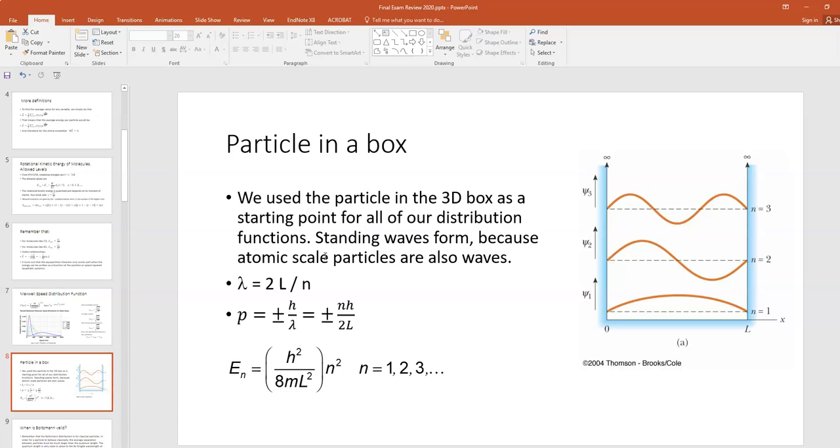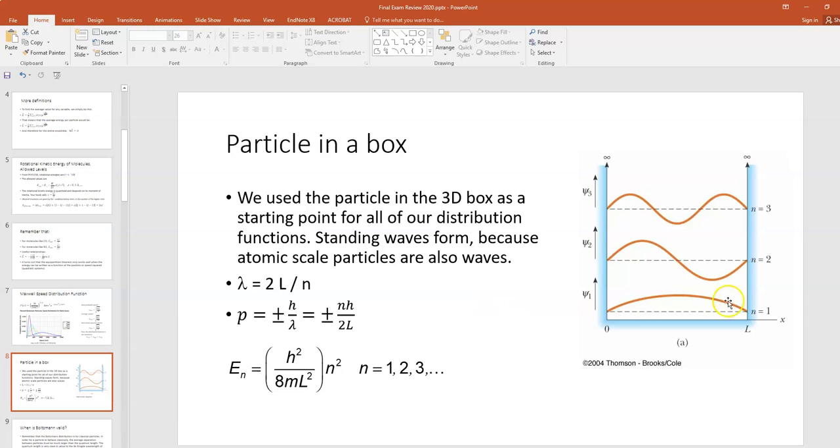Now what happens is, since these particles exhibit wave-particle duality, they have a wavelength, the de Broglie wavelength. And if they're confined, then only the wavelengths that satisfy this condition, lambda is equal to 2L over N, will survive. Okay? All the others will have destructive interference and cancel out.